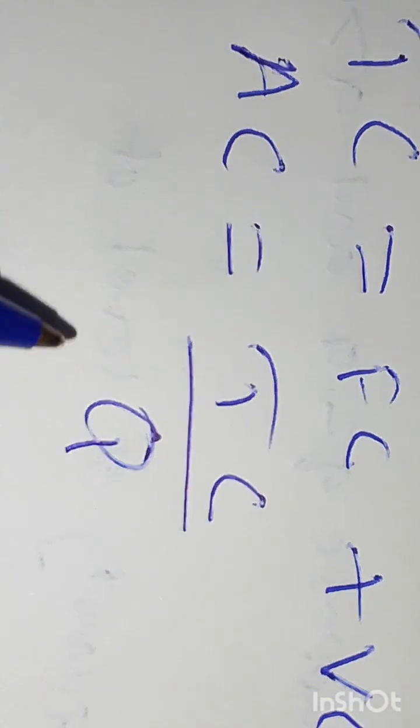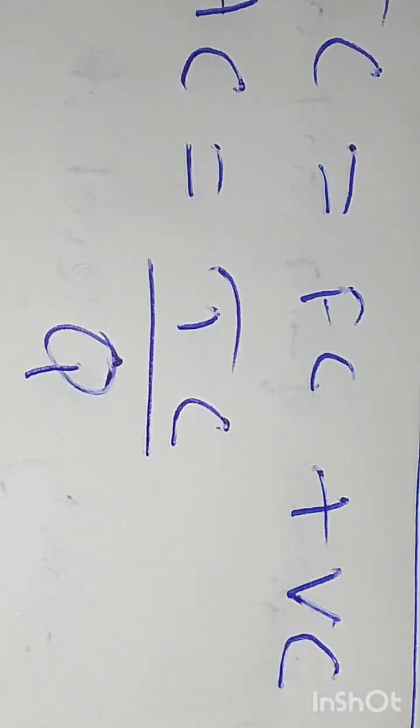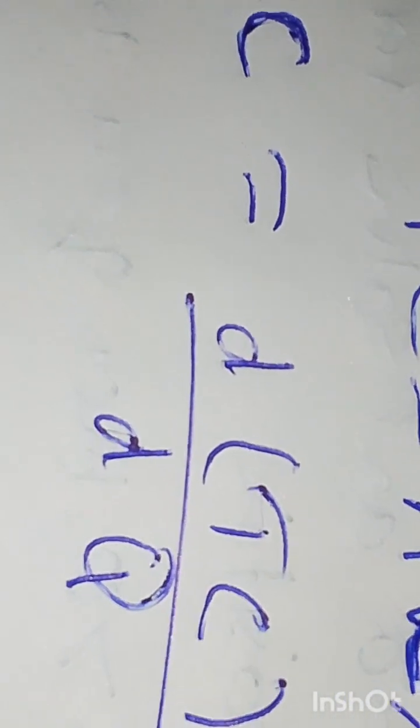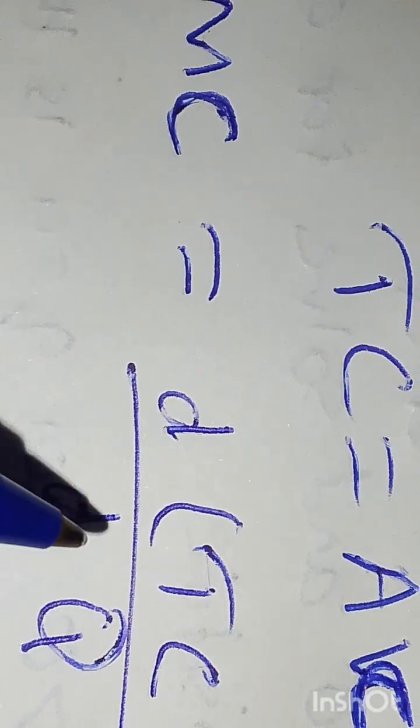From total cost, we also have what is known as average cost. Average cost is the total cost for producing 1 unit of a product, so it is total cost over the quantity. Then we also have the marginal cost. Marginal cost is the differentiation of total cost.